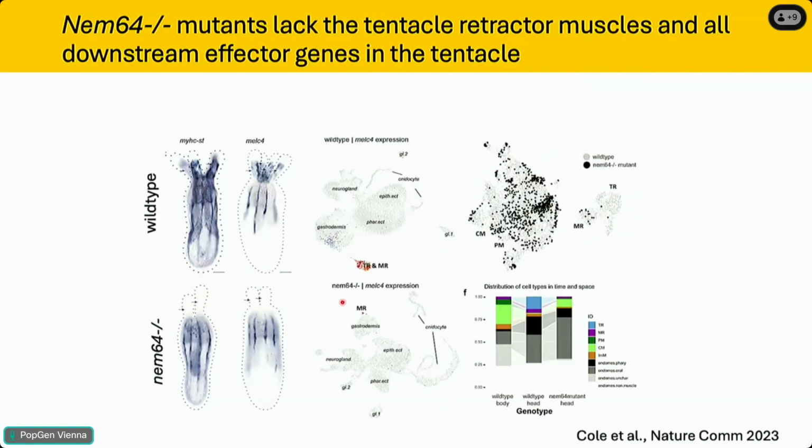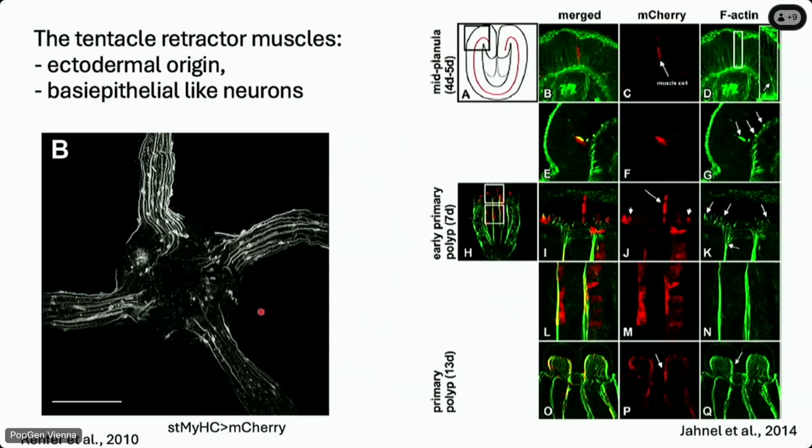If you also look in the mutant at structural protein genes compared to the wild type, which are shared between the tentacle retractor muscle and the mesentery, you still see them expressed in the mesentery retractor muscle, but they're completely absent in the tentacle. So we think that this NEM64 is somewhat like a master regulator of the tentacle retractor muscle. Absolutely necessary: if you don't have it, the whole cell type is gone, but only that cell type.